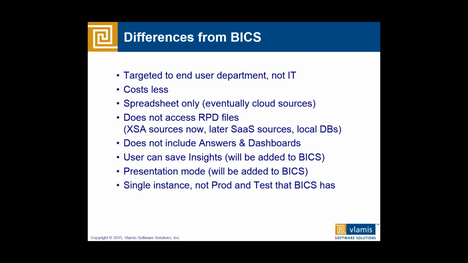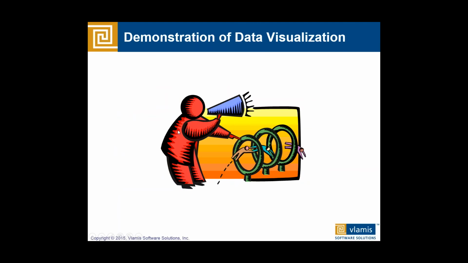Also, one quick little difference as I looked at them was that DVCS has a single instance, whereas BIX, since it's targeted towards that IT department, has a separate prod and test instance that you automatically get that you can then move things back and forth. DVCS is a simpler deployment model where you don't have two different instances that you are going back and forth between. So that's some of the differences from BIX.